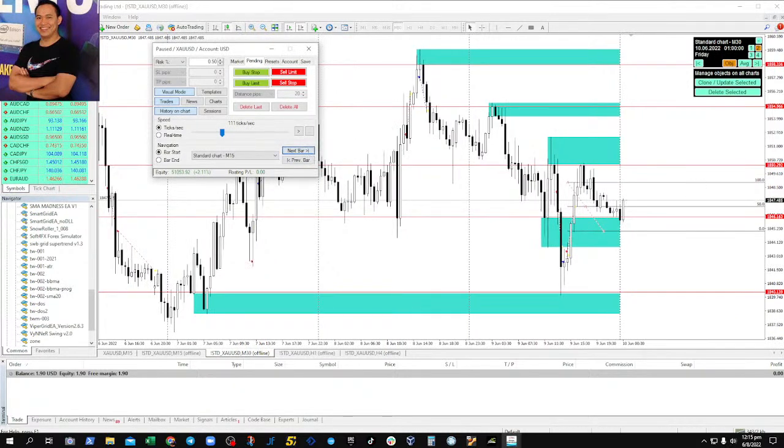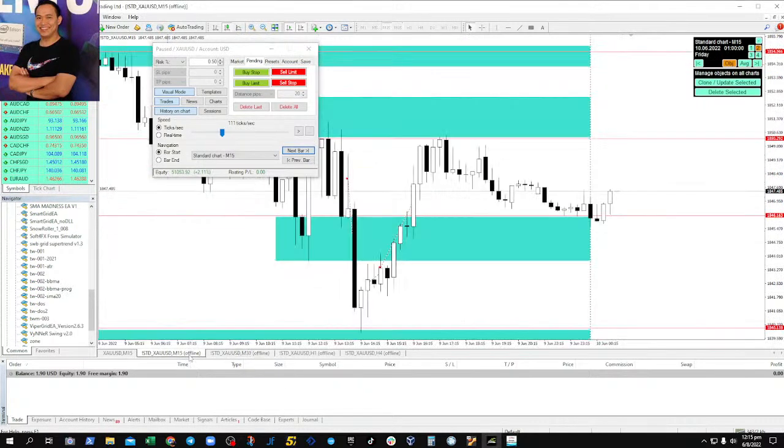Okay. This trade would have played, but there's no more trade balance for tonight. The trade quota is met. 3 trades.